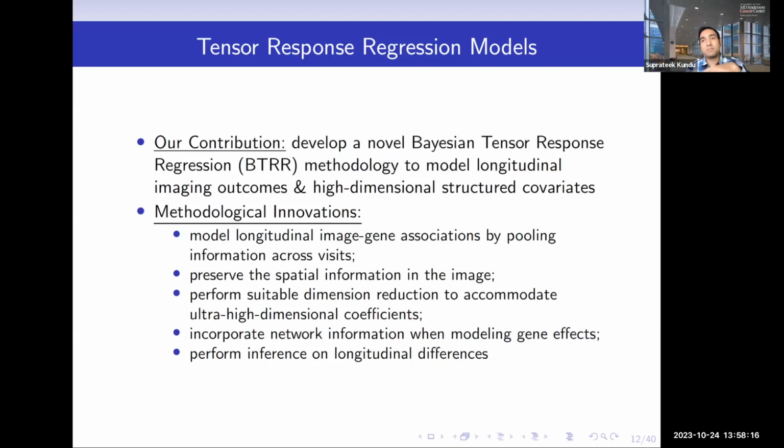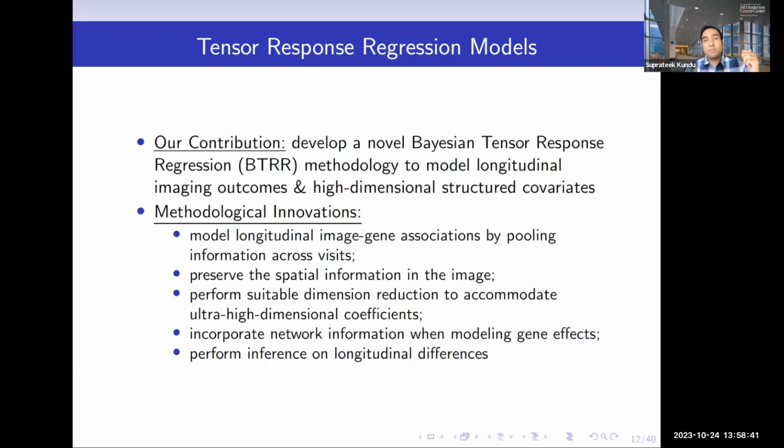We don't expect these patterns to dramatically change across visits. So we're able to pool information across visits. The method is able to preserve the spatial information in the images, and that's a given, given that we're using a tensor. Then we are able to perform suitable dimension reduction to accommodate the ultra-high dimensional coefficients.